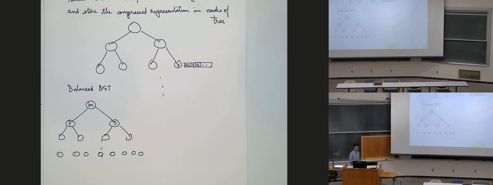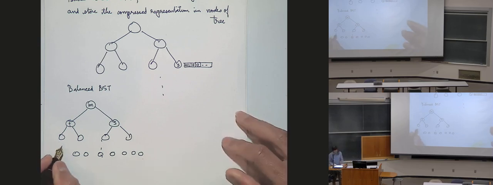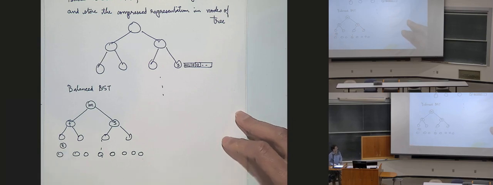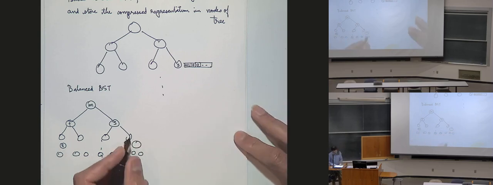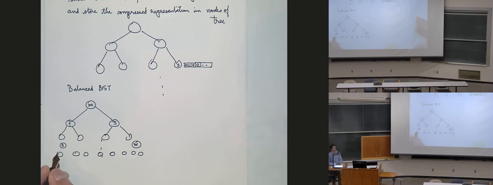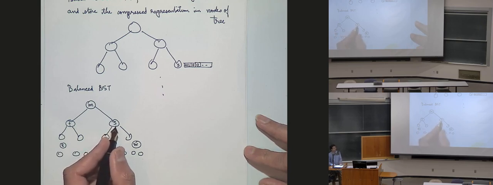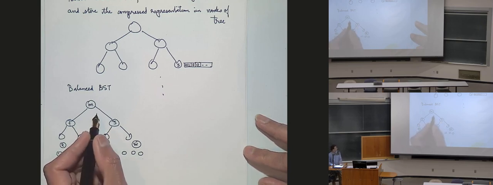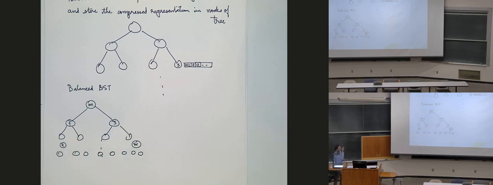Does this make sense? So the problem with this is that maybe your letter E is down here. And E is about at the same depth as, I don't know, maybe something like W. But obviously E is going to be more frequently looked up than F, or maybe even S. Certainly more frequent than M. But your search time for M is much quicker.